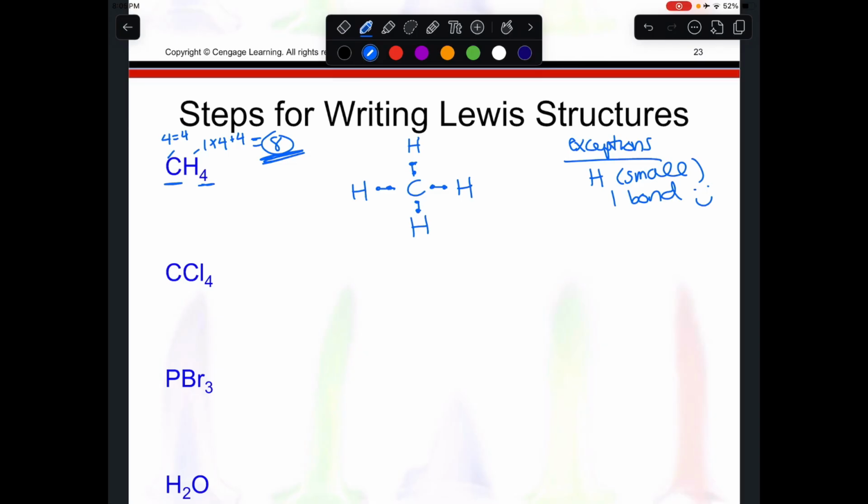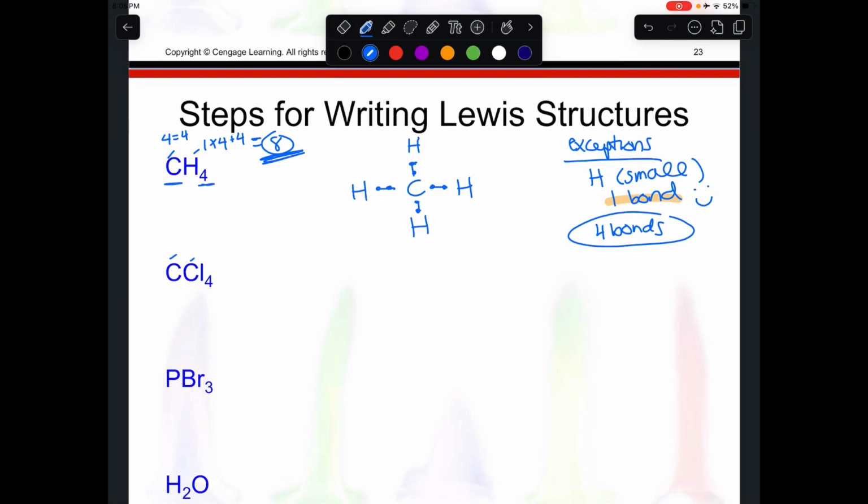Other atoms, including carbon, always need 4 bonds, and so everything else needs 4 bonds or 8 electrons around it. So let's make sure everything's good with carbon here. Carbon has 2, 4, 6, and 8. Okay, therefore carbon is happy. Hydrogen only wants 1 bond, so hydrogen also has 1 for each of these, which satisfies both of them. So this is our Lewis structure for CH4.